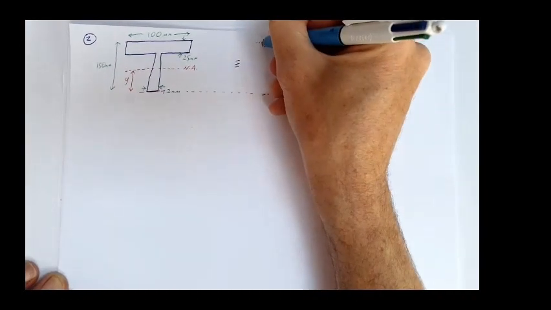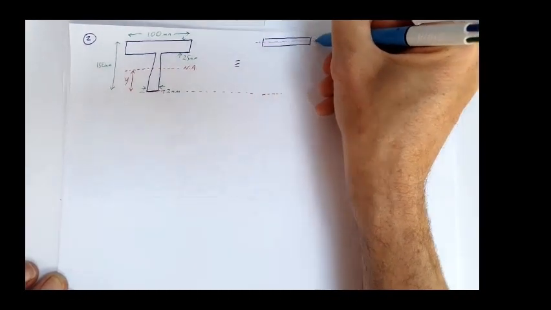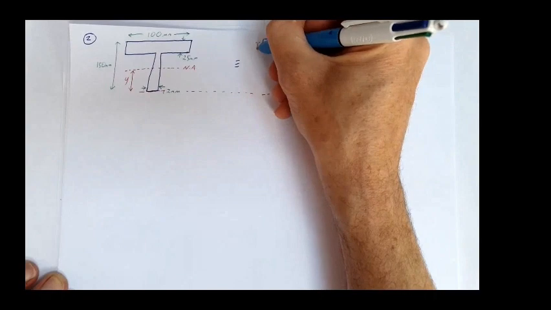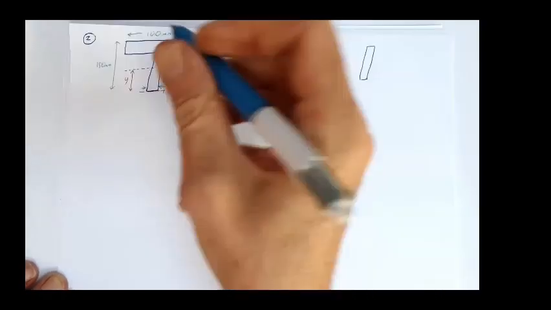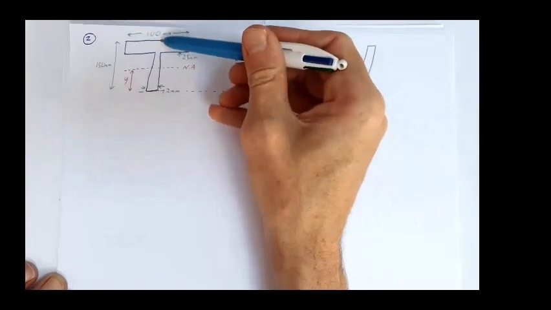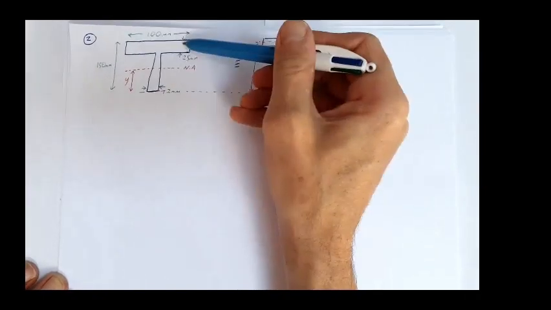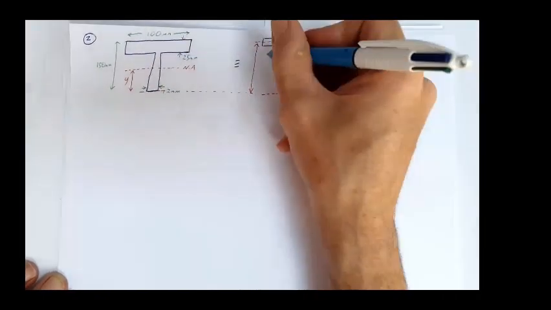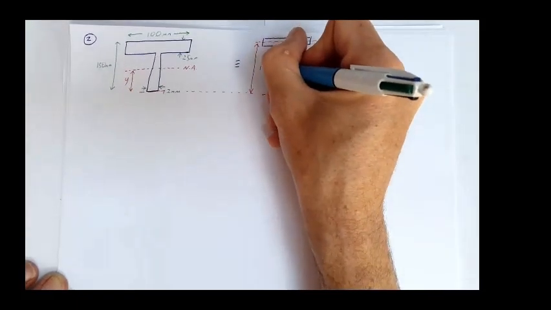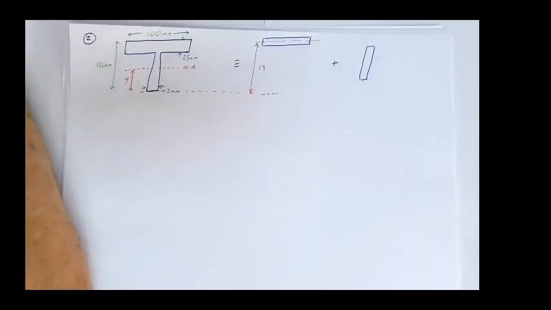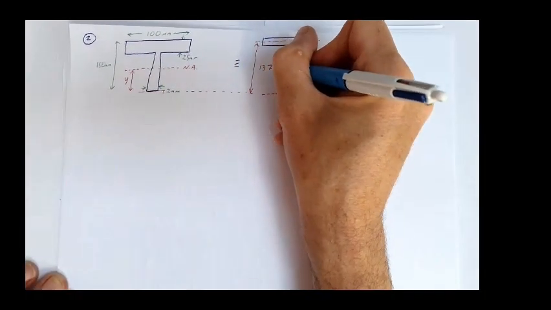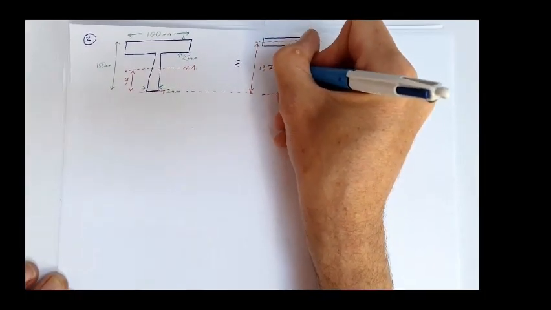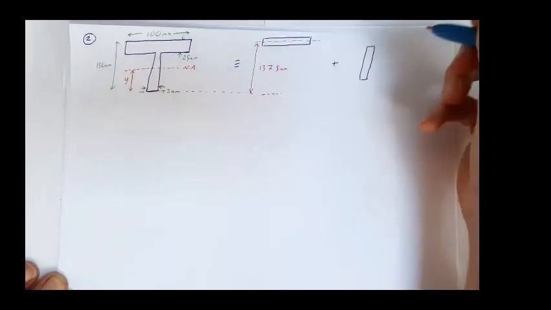So that distance there is my neutral axis for that shape. That distance there, which is going to be 150 minus 12.5. So what's that? 137.5 millimeters.